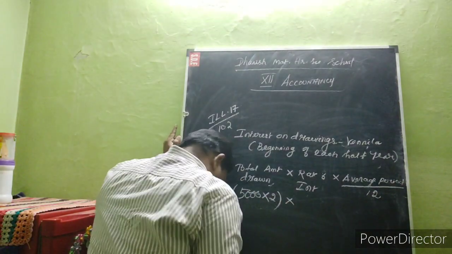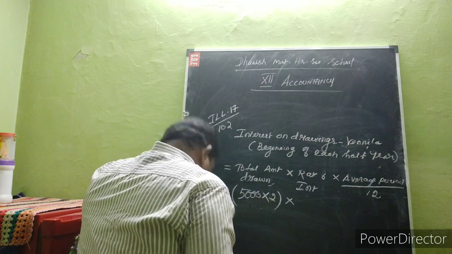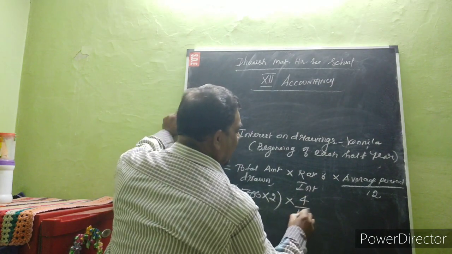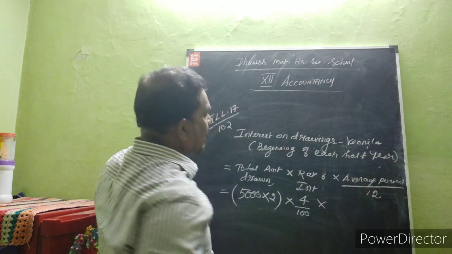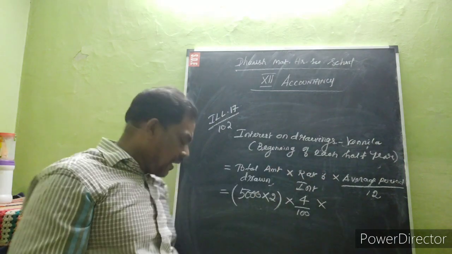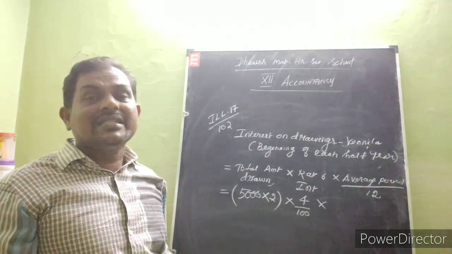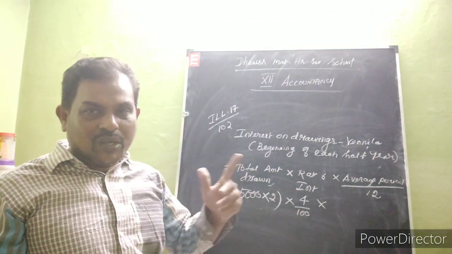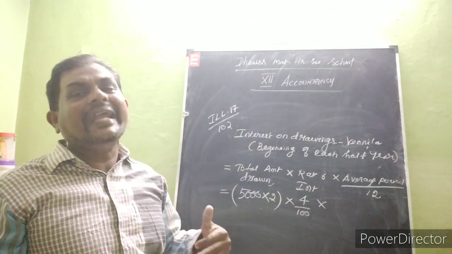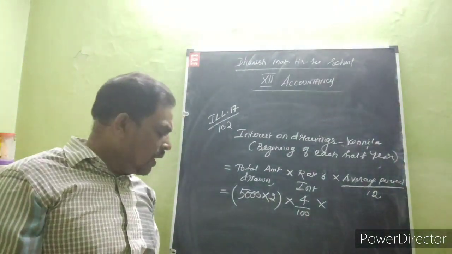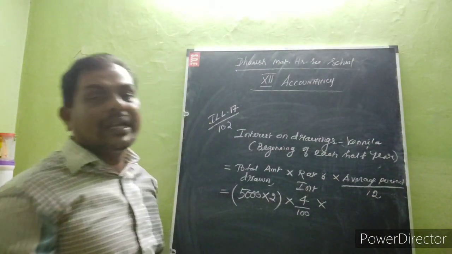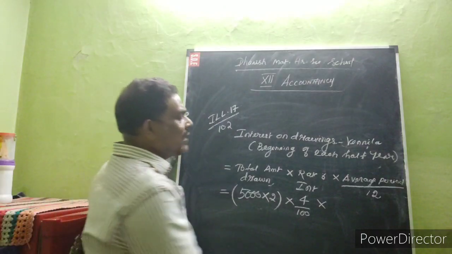What is the rate of interest? Rate of interest is 4%, that is 4 divided by 100. Now come to the average period. Beginning of each half year means what? 12 plus 6 months, 18 months. 18 divided by 2 is equal to 9 months.